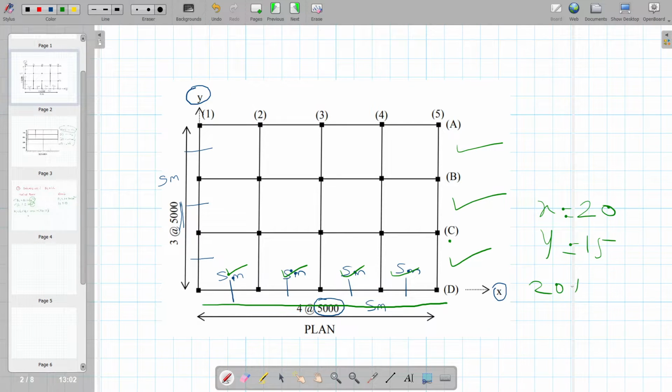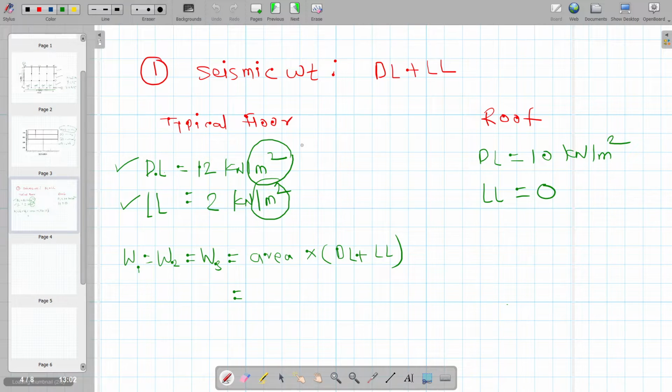So 20 into 15 is our area. We write 15 into 20 into dead load plus live load. For a typical floor, dead load is 12 and live load is 2. If you do this calculation, you will get the value 4200 kilonewton.